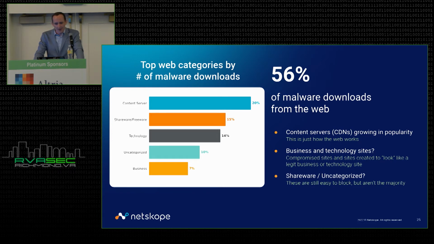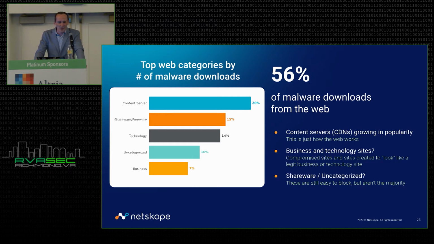And the breakdown here, you look at this and your initial reaction is probably like, well, hell yeah, I'm blocking some of that stuff because it's super easy. Why in the world would I allow people to download from shareware and freeware sites? Let's just block all those. And those uncategorized sites, let's just block all of that too. And we're winning now because we're blocking 25% of all the malware downloads that we've recently seen, right?